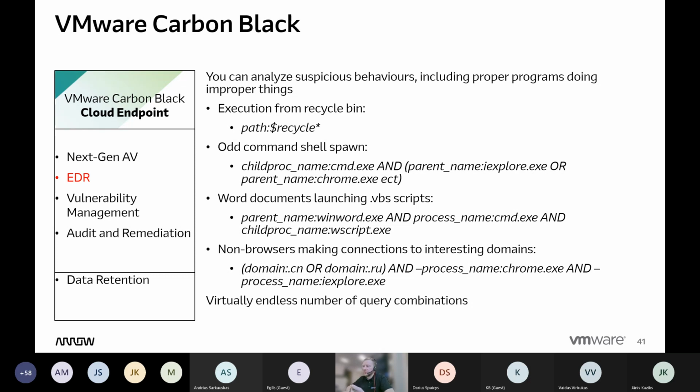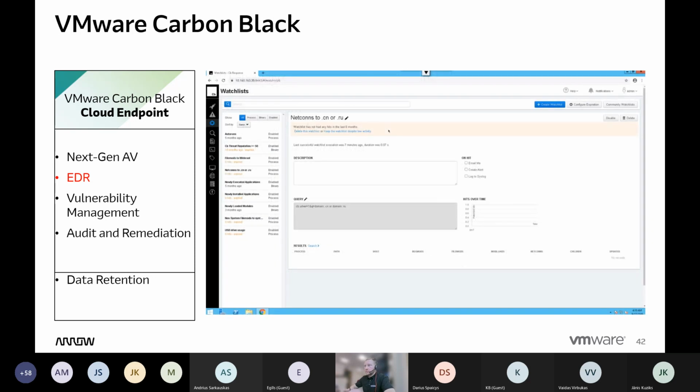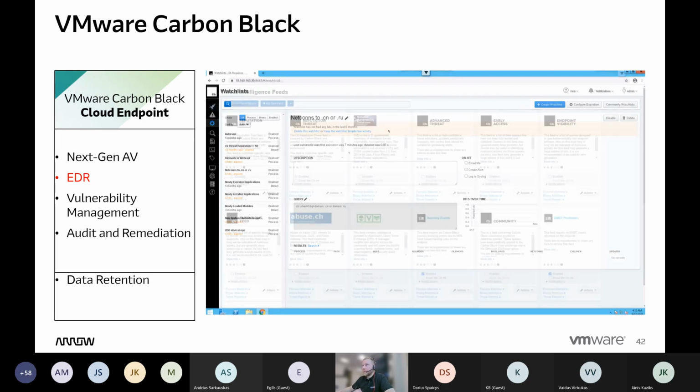For example, if you see that something is making an outward connection somewhere, but it is not initiated by Chrome or any other known program that should be doing those connections, then there's probably something wrong with it. So as mentioned, you can create watch lists that monitor that sort of activity and send you a notification when something like this pops up.